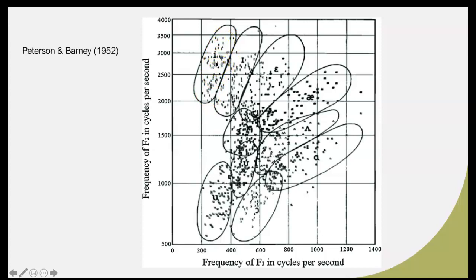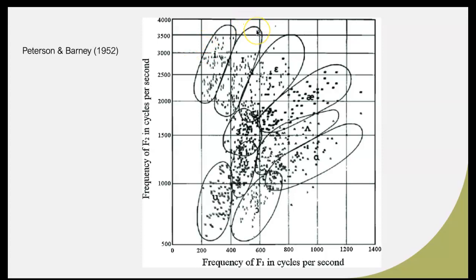Now, they did this for women, children, men, and children, and there were different values. But this is kind of a general picture. So I think the important outcome of the Peterson and Barney work was that, number one, it categorized and classified, provided information about what formant structure looks like for vowels.